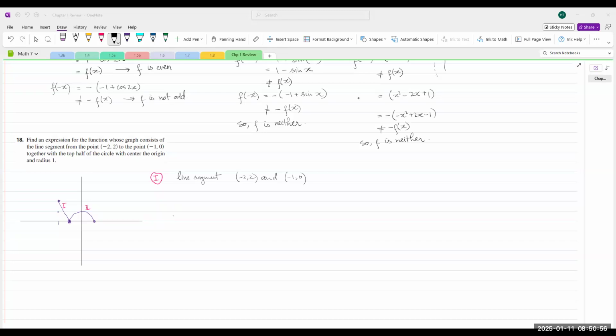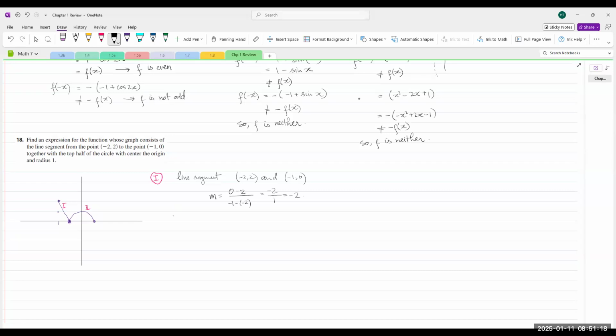So the slope will be y2 minus y1 over x2 minus x1. And this will give us negative 2 over 1. So the slope is negative 2.